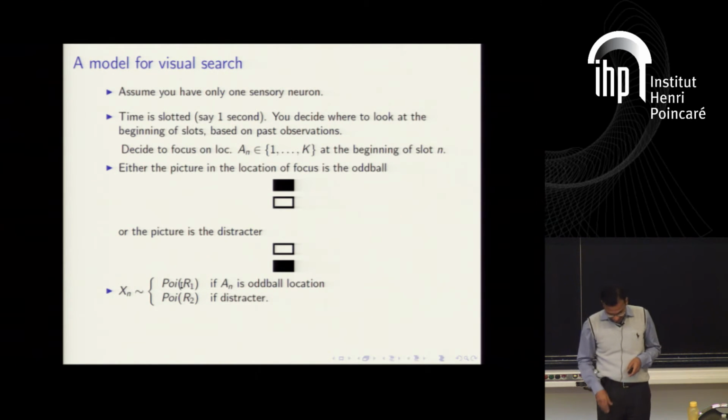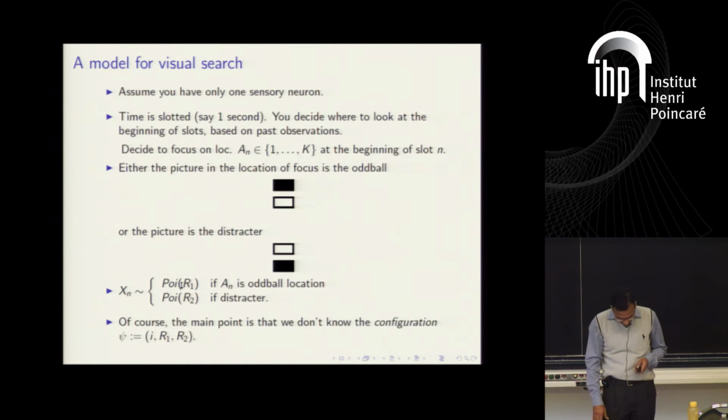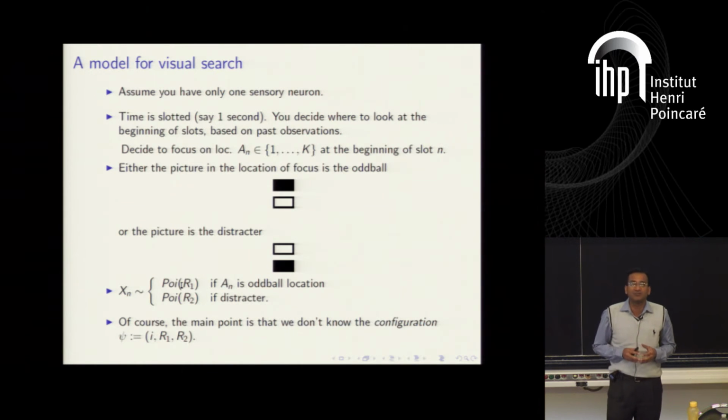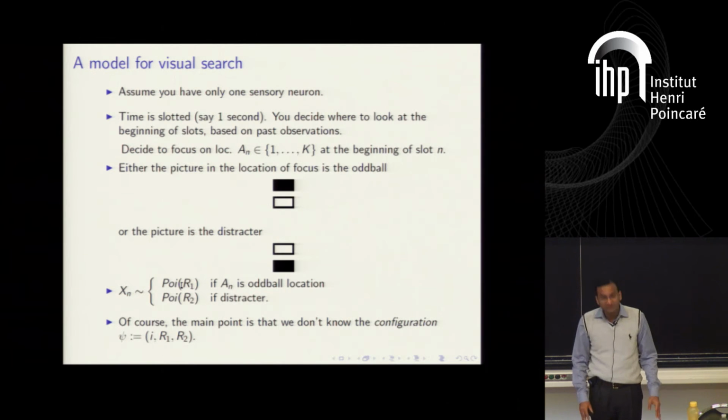Now, the point here is, of course, that we do not know what the rates R1 and R2 are. We don't know how the neuron responds to these two images, and that's where the learning aspect comes into the picture. And I call this the configuration. Configuration is a triplet. It contains the oddball location.